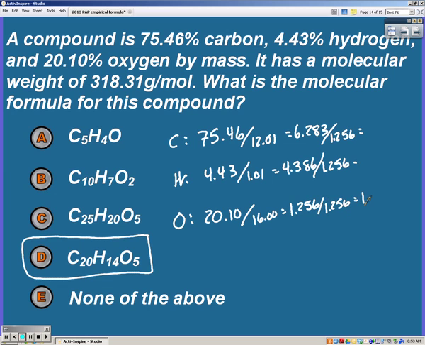Divide by smallest, which in this case is oxygen. We did not get whole numbers. We got a 0.5, so we multiply all of them by 2. And so we know our empirical is C10H7O2.